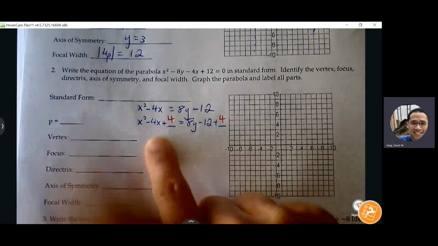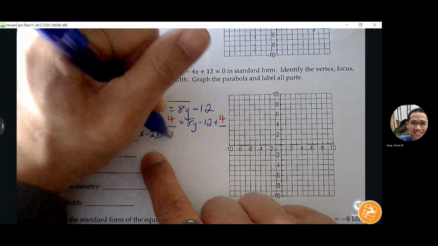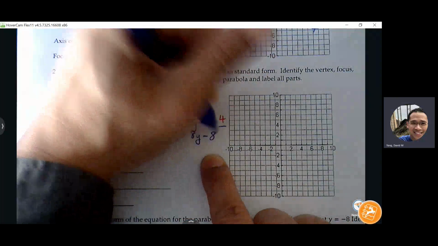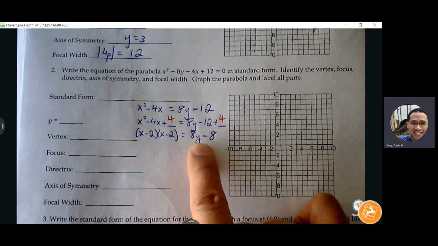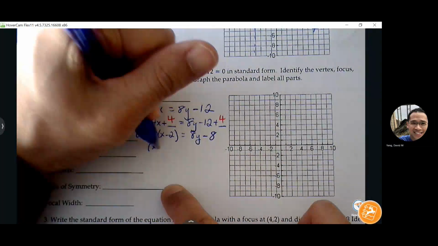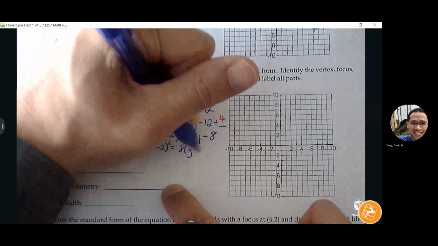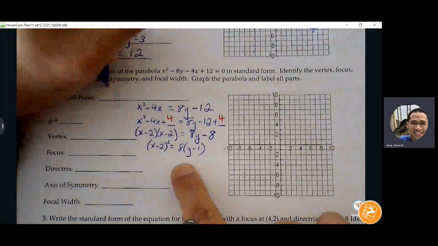Multiplies to be 4, adds it to be -4, -2 and -2. Combine like terms here, 8y minus 8. I can clean the left side up and I can take a GCF out from the right side. There's my standard form. I'll put that up here.